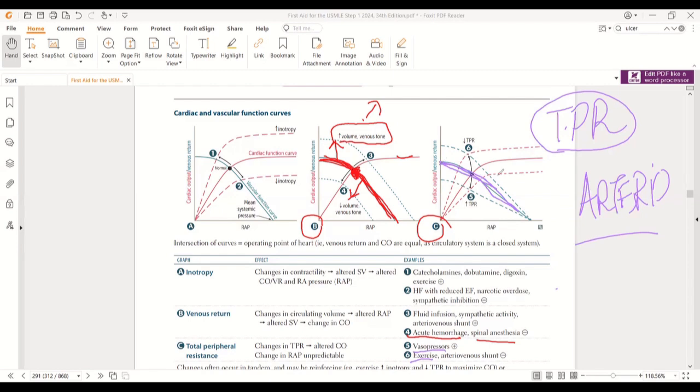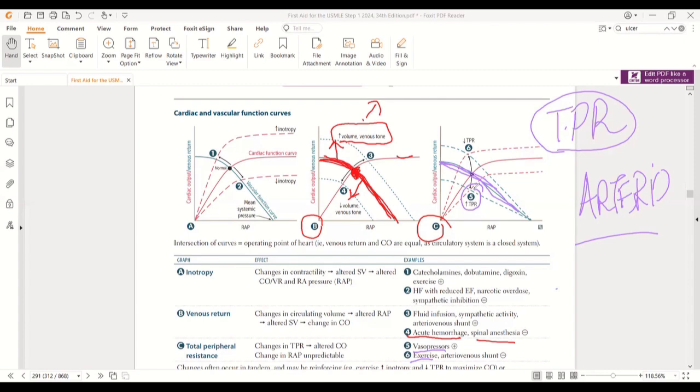If you give the vasopressor drug, what happens? TPR is increased. The TPR and cardiac output have an opposite relationship, right?